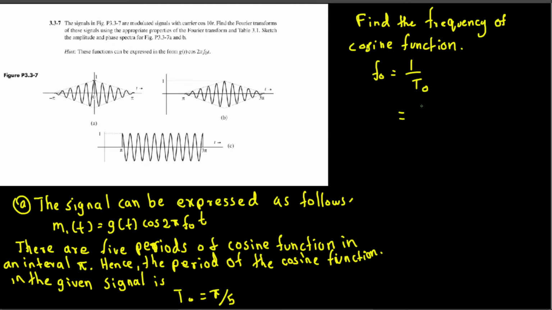So this is 1 divided by π over 5. The π flips and goes to the top, so we get 5 divided by π. This is our frequency. Now let's continue on the next page.